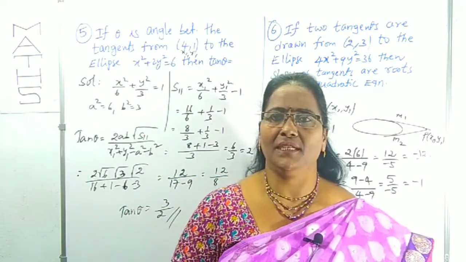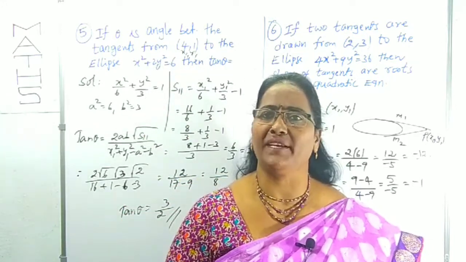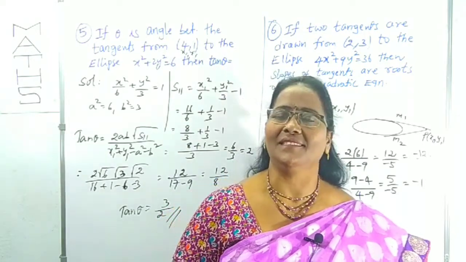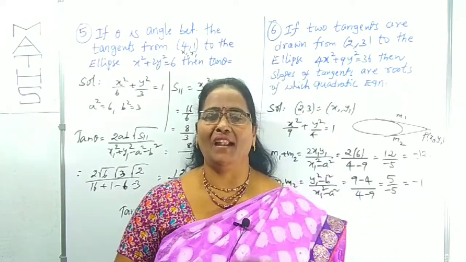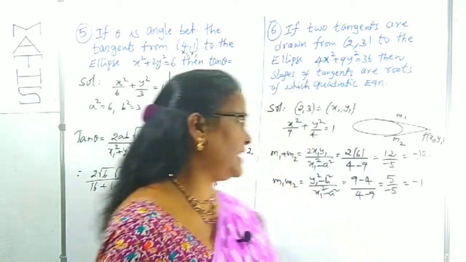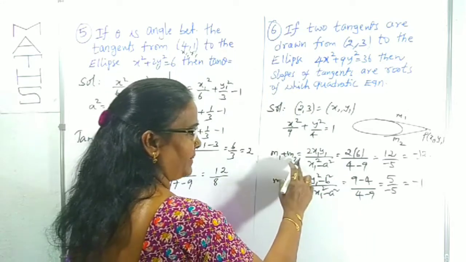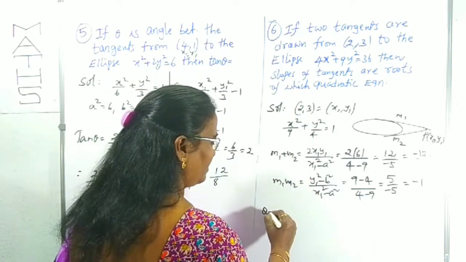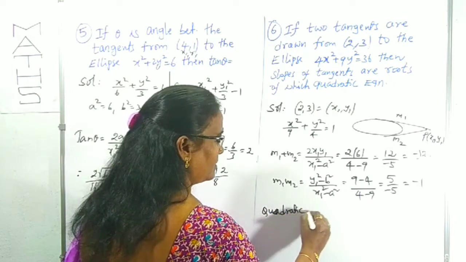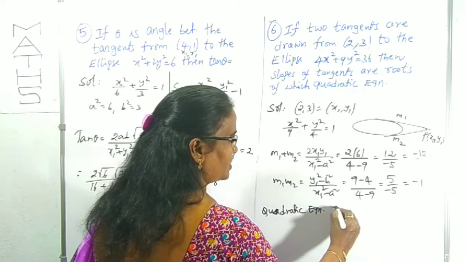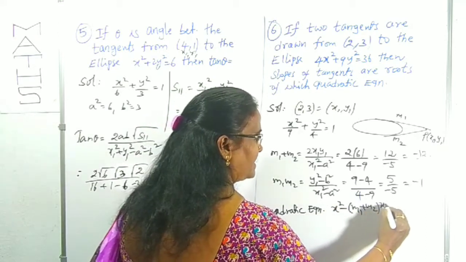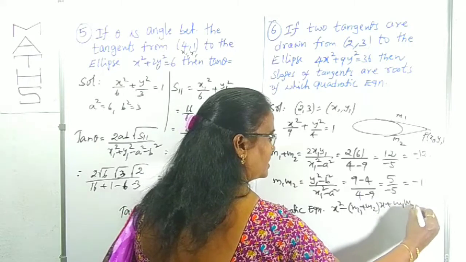You know that clearly, if alpha, beta are roots of a quadratic equation, what is the quadratic equation formula? Yes, exactly. x square minus (alpha plus beta) x plus alpha beta equals 0. In place of alpha, beta, we can take m1 and m2. The quadratic equation is x square minus (m1 plus m2) x plus m1m2 equals 0.